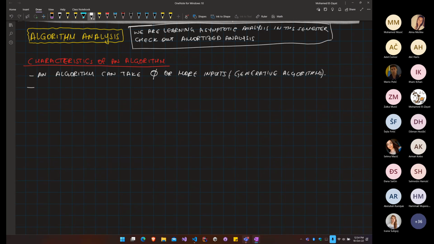Okay, but an algorithm must generate at least one output, right?